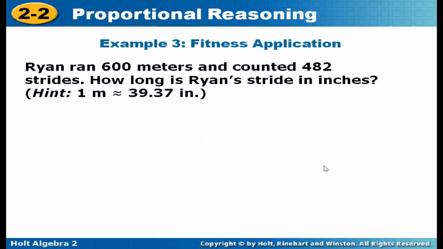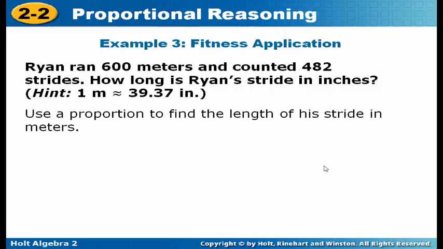Ryan ran 600 meters and counted 482 strides. How long is Ryan's stride in inches? Use a proportion to find the length of his stride in meters. Write both ratios in meters per stride.